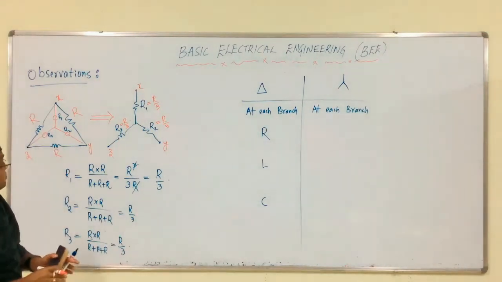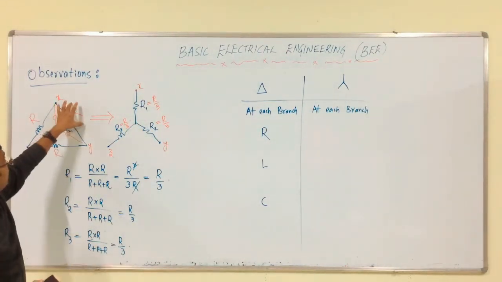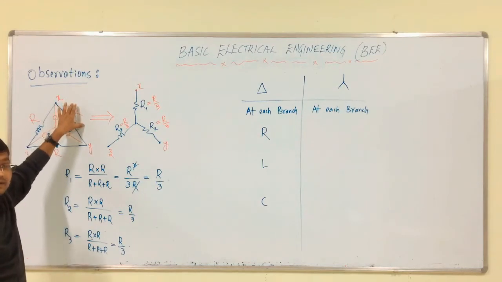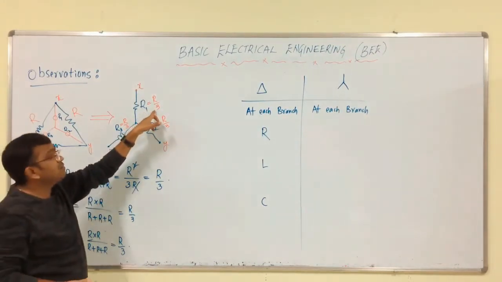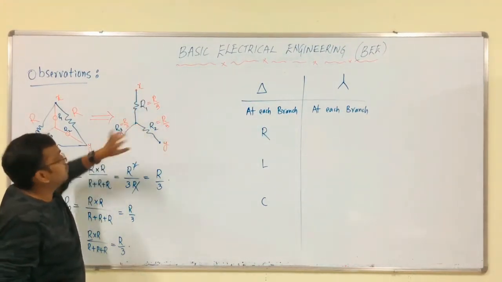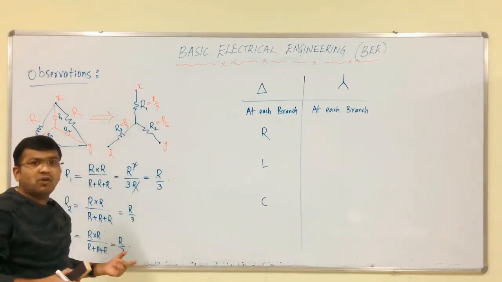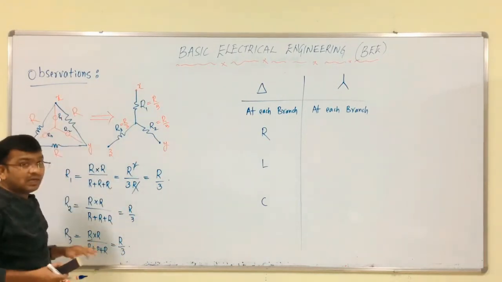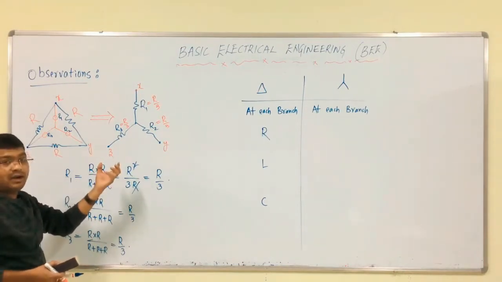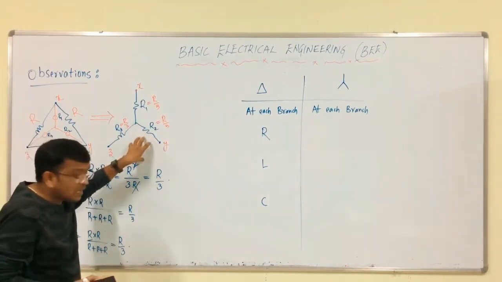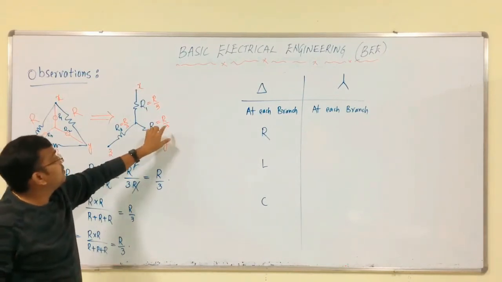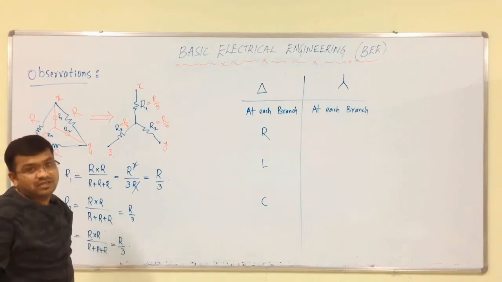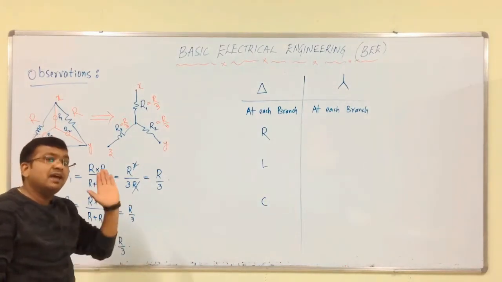If we have the same resistance in each branch, then we get the same value of resistance between these terminals, R by 3 each. This means that in the given delta connected network the resistance is R, but after transformation to a star connected network, the resistance is reduced by 3 times.